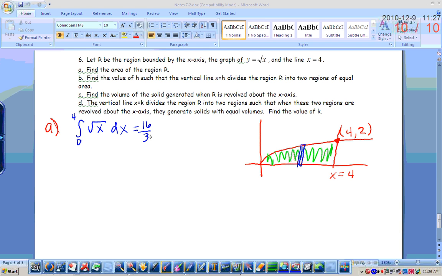All right, find the value of h such that the vertical line, x equals h, divides the region R into two regions of equal area.